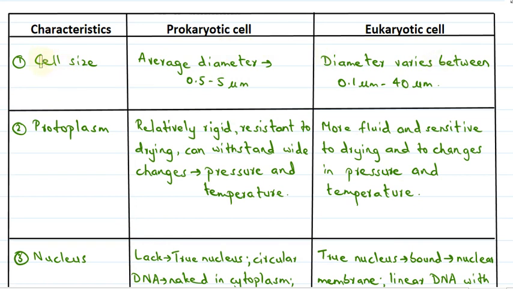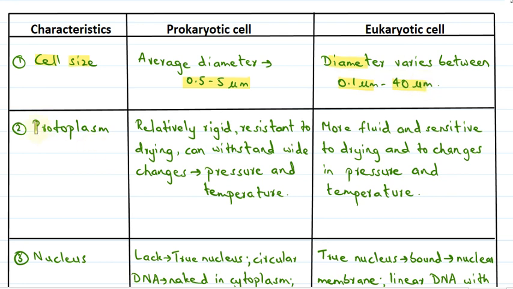So first characteristic for differentiation we considered was cell size. So the average diameter of prokaryotic cell ranges between 0.5 to 5 micrometers, whereas in case of eukaryotic cells the diameter varies between 0.1 micrometers to 40 micrometers.